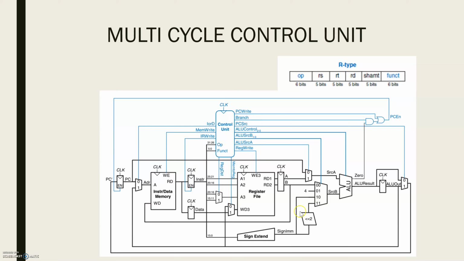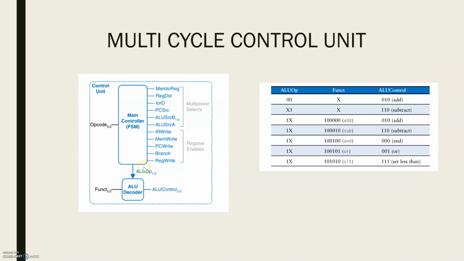The data path is shown in black and the control unit is shown in blue. Here too, the control unit is partitioned into a main controller and an ALU decoder. The ALU decoder is unchanged and follows the truth table as in the case of the single cycle MIPS processor.